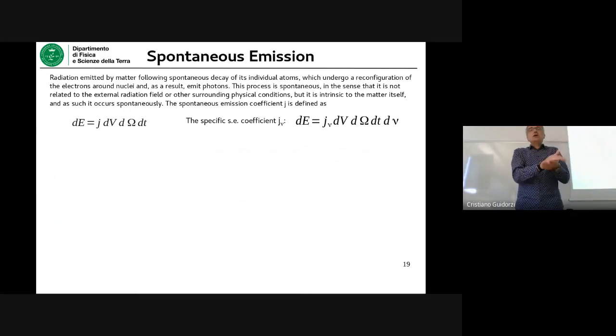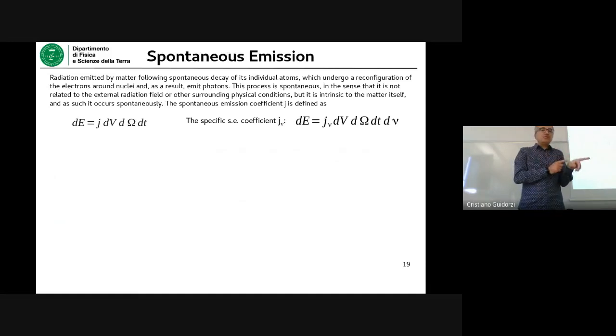J, the spontaneous emission coefficient, is just energy per unit volume, per unit time, per unit solid angle. You can define the corresponding specific quantity, and we call it J nu. Of course, it's specific, so you have to explicitly show the dependence on frequency.